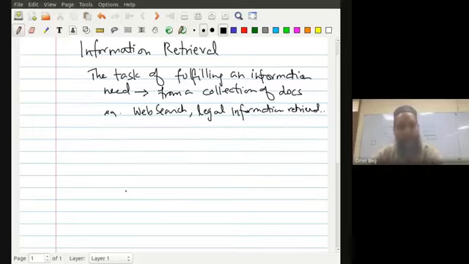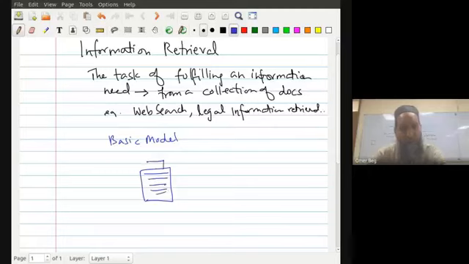So the basic model of information retrieval is that you have a bunch of documents. So you have a document, and you have another document, and you have a number of documents. Here we are considering text documents.